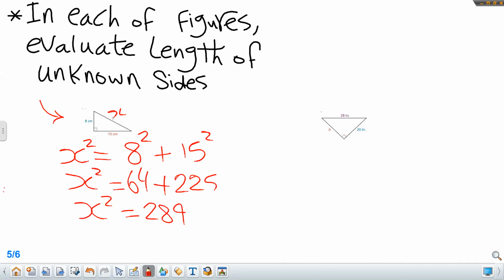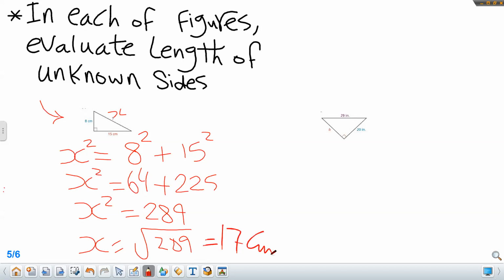Yes, you studied before, by square root. So now x equals the square root of 289. It will be 17 centimeters.